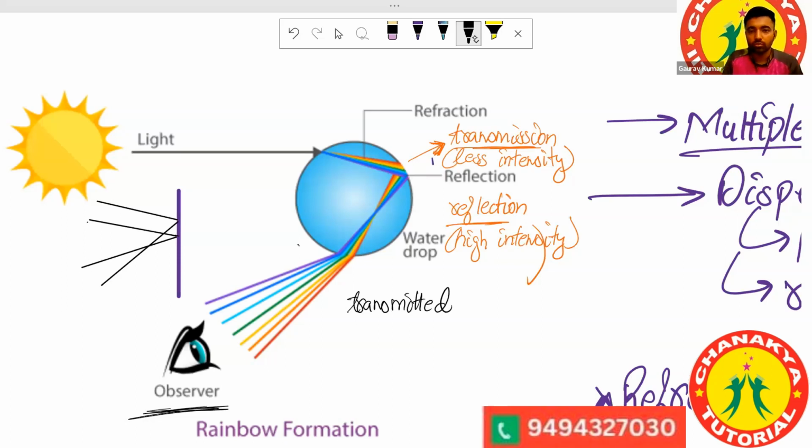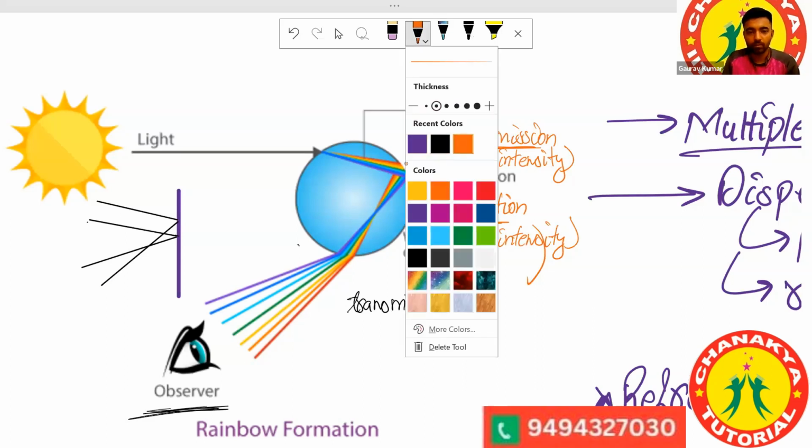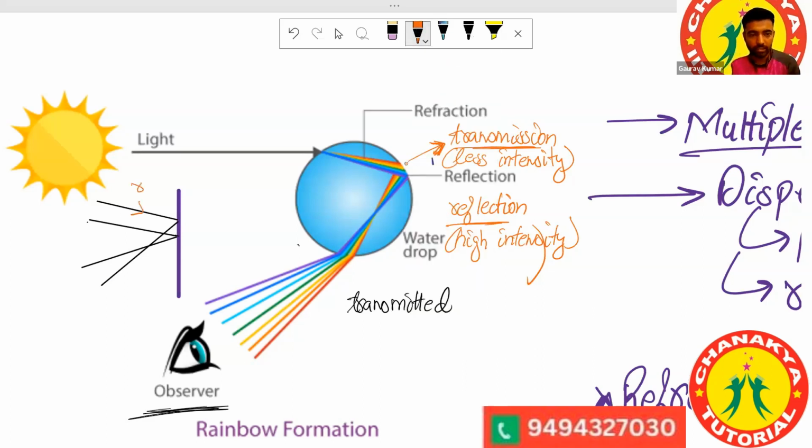Okay, so this upper one is red. It has some normal, it has some I equal to R. And this lower one is violet.